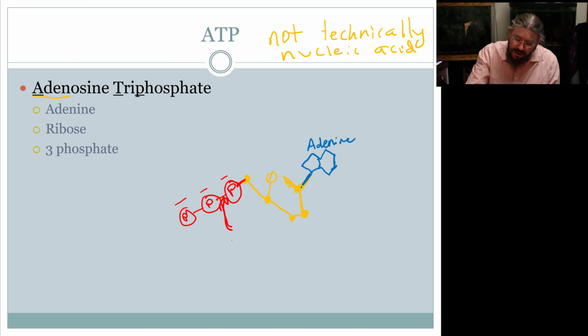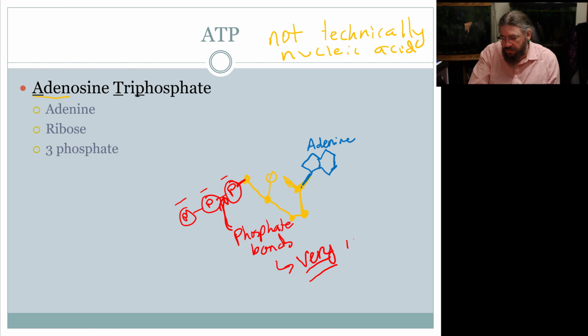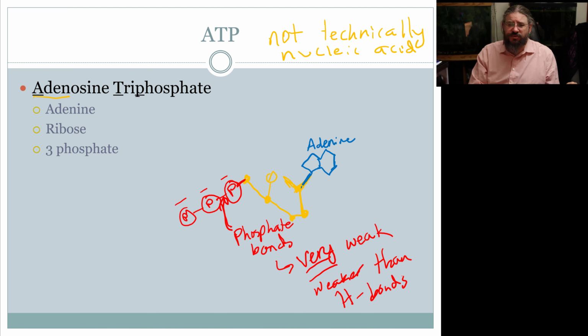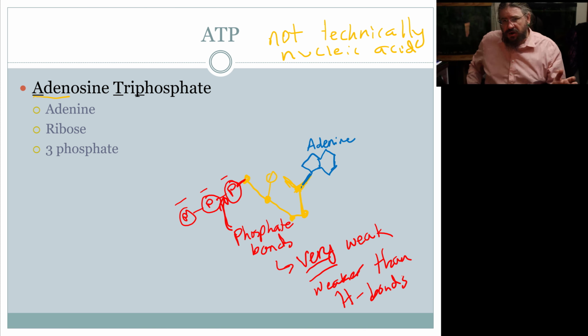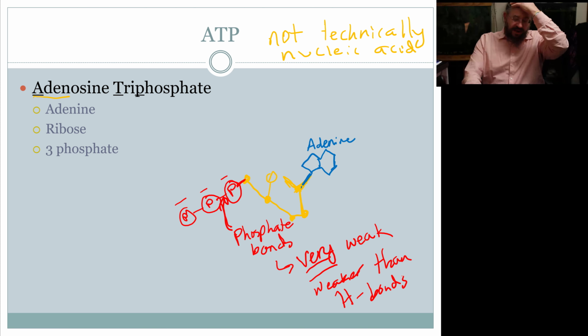In addition, the bonds between these are called phosphate bonds, and they are extremely weak. Weaker than hydrogen bonds. Hydrogen bonds are a non-covalent attraction between hydrogen and something electronegative. And this is even weaker than just a non-covalent attraction. So this is kind of a big deal here.